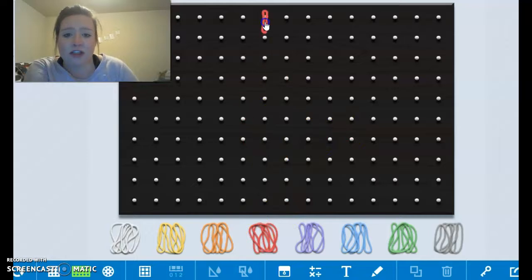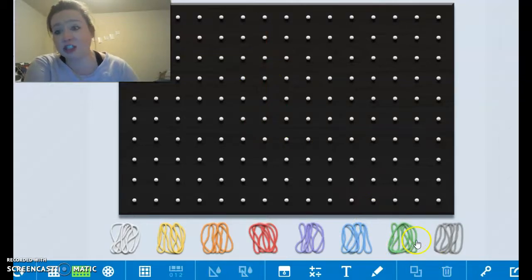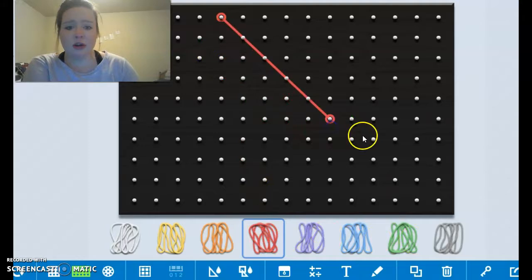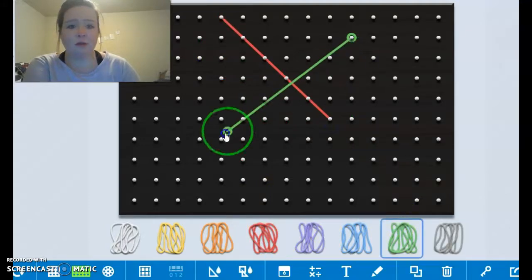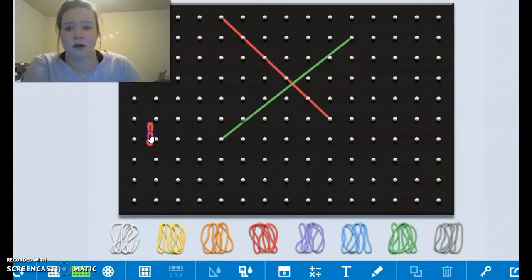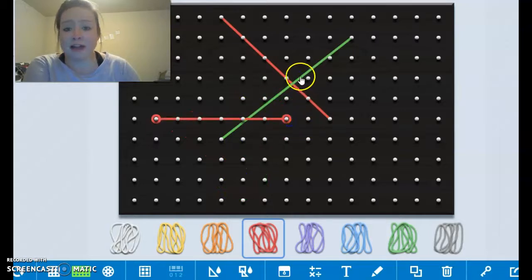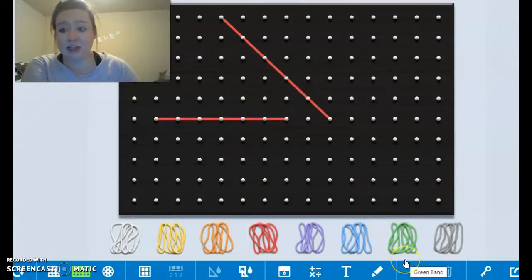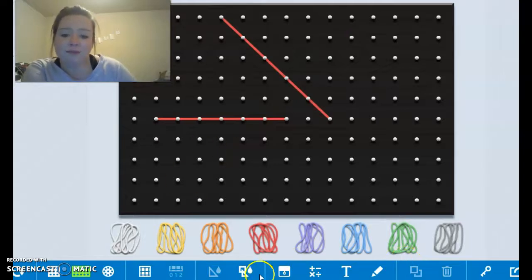If you want to erase just one thing, like one rubber band, you click the rubber band, and then down here is a little trash, and it takes just that rubber band away. If I don't want this green one, I click the green one, hit the trash, and it takes just that green one away.